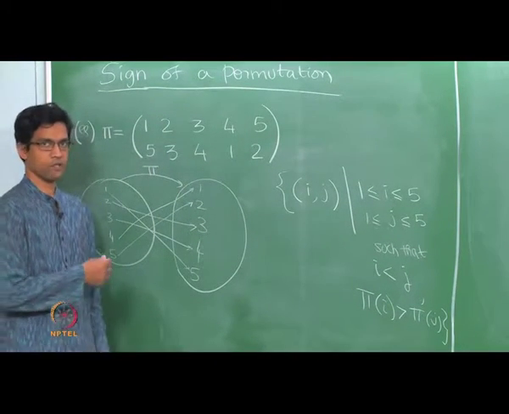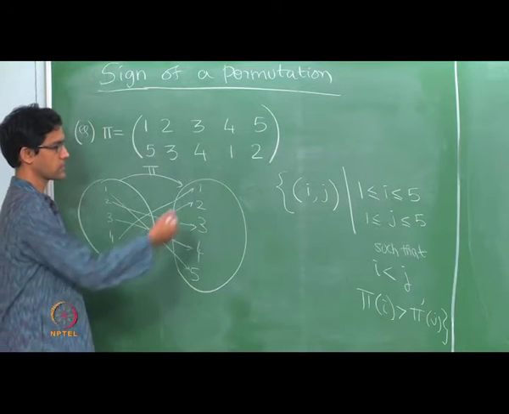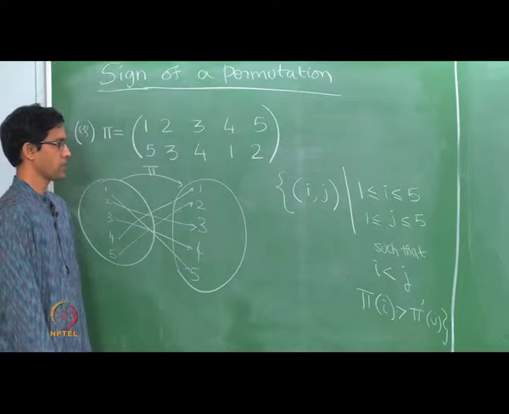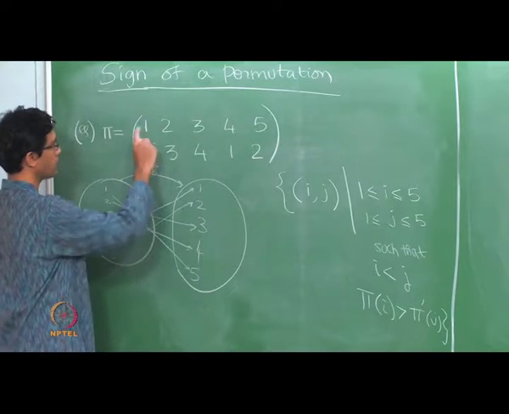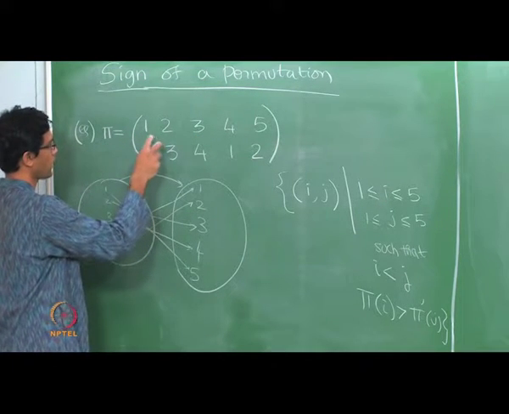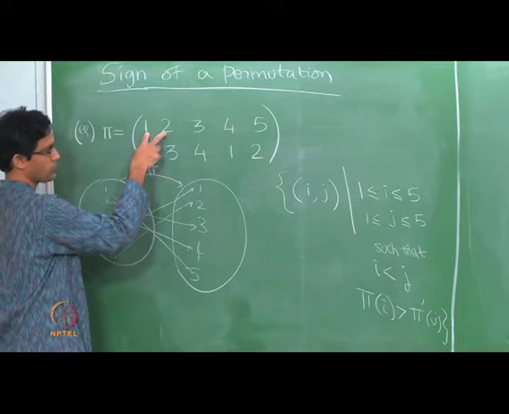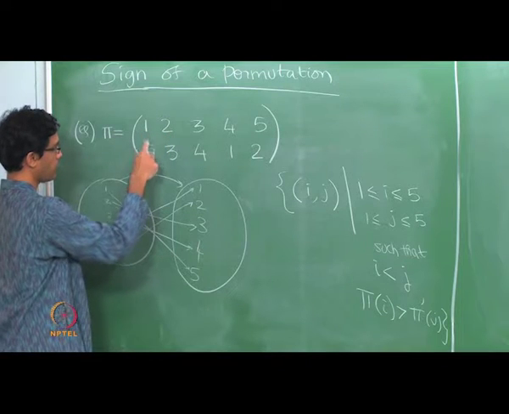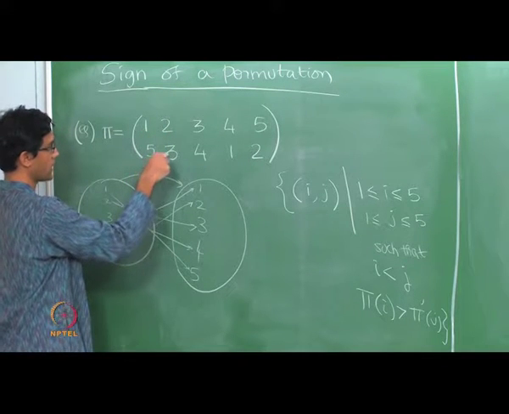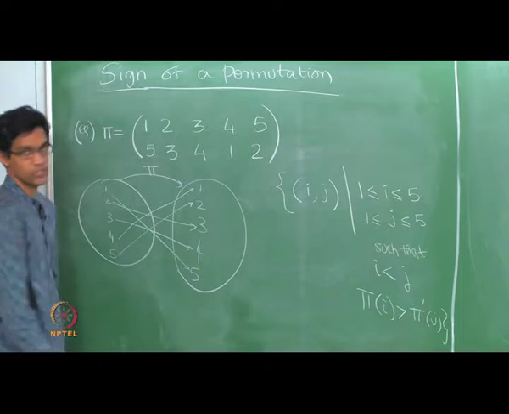Given a permutation pi, here is a set that one can naturally consider: you scan the list and look for all i and j. For instance, look at 1 and 2. i is 1, j is 2, i is smaller than j, but pi of 1, which is 5, is strictly bigger than pi of 2, which is 3.